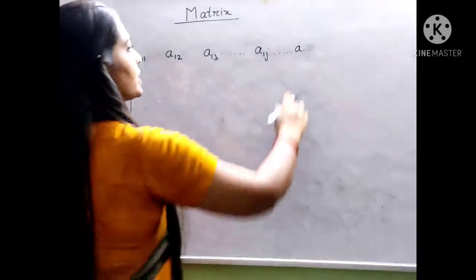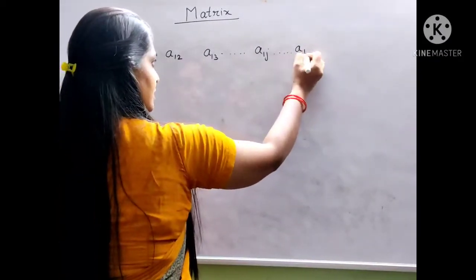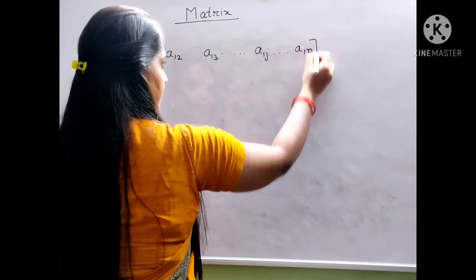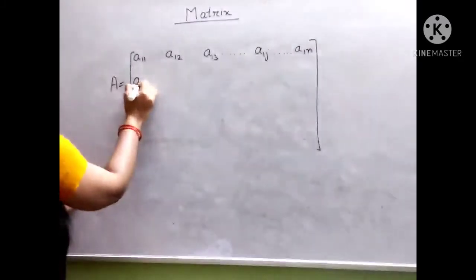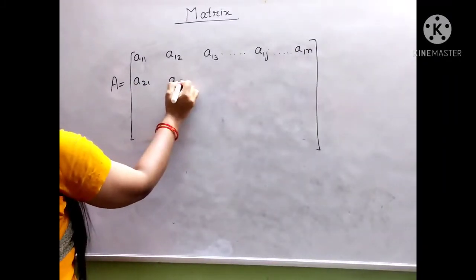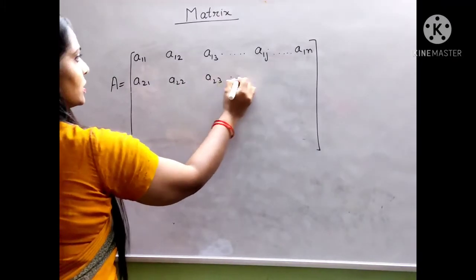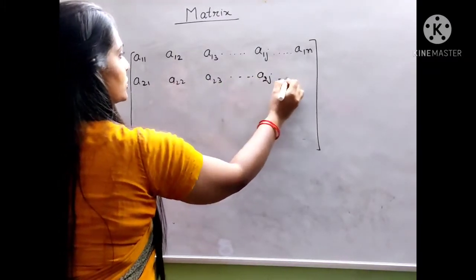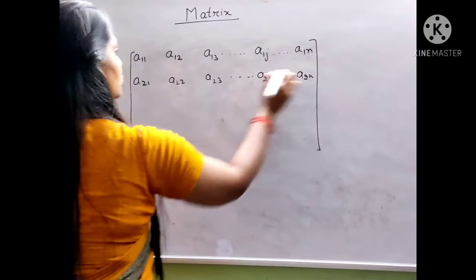So in general, we can represent it like this: again a21, a22, a23, a2j, a2n.